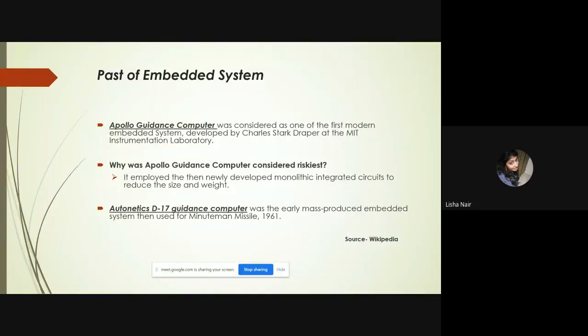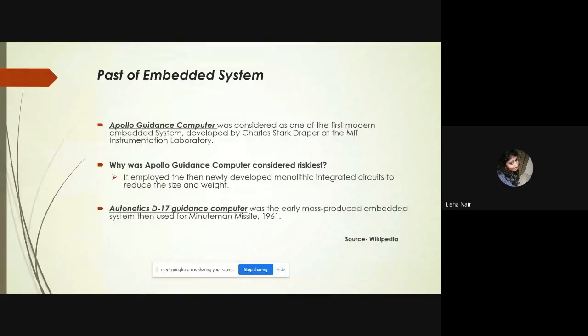Then came the Autonetics D17 guidance computer, which was a much bigger embedded system, which had the big microcontrollers. The previous one was just small integrated circuits interconnected with each other, communicating with each other and bringing up a system which was like a display or a guideline system for healthcare.